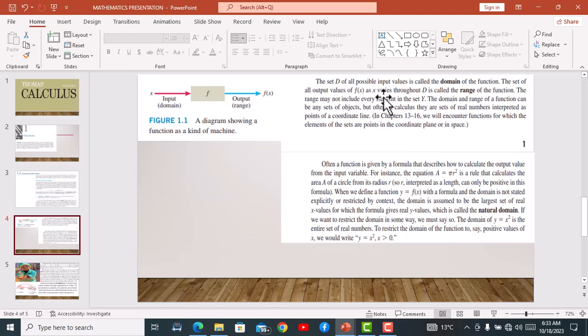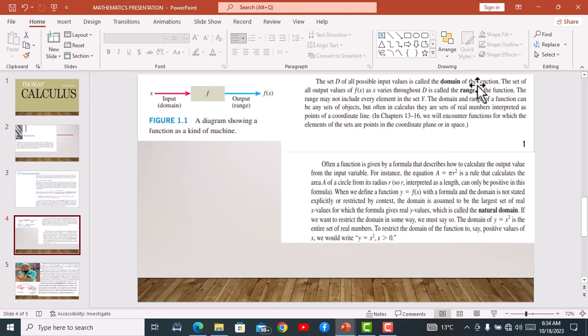And I think Thomas is being very careful here to say that the set of all possible input values is called the domain, because the function machine may give you problems if you try to input values that might make y impossible to trace. Thomas is very careful in his wording here.